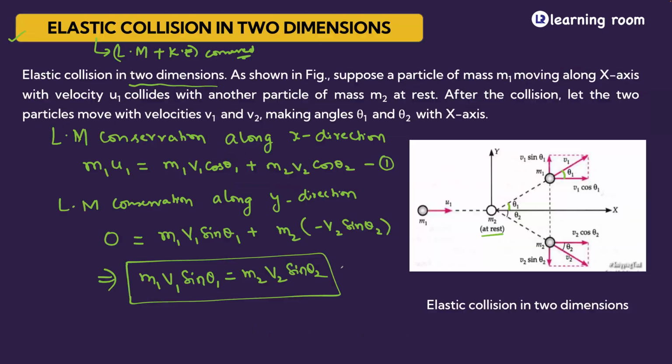So θ1 plus θ2 will be 90, so θ2 will be 90 minus θ1. You can substitute that here and then solve it. Then you'll have sine of 90 minus θ1, which will be cos θ1. So you need to apply that and solve it. I'm leaving that problem to you.